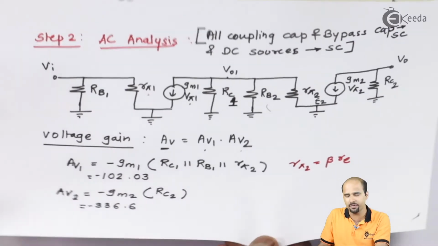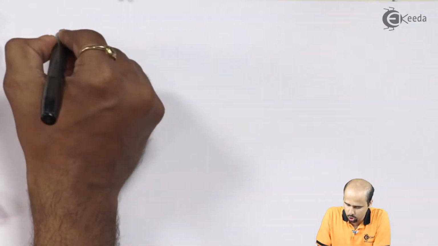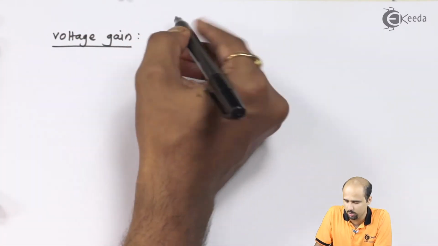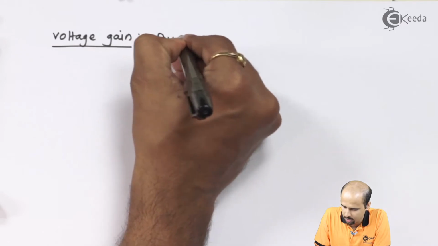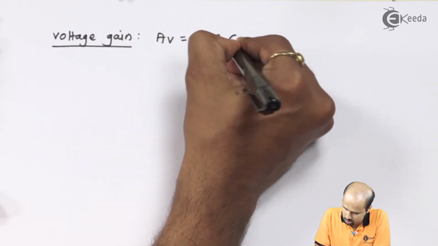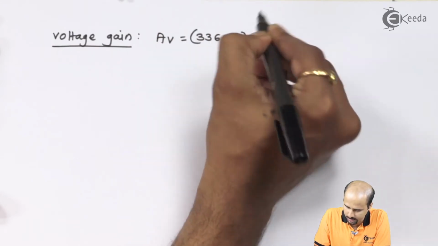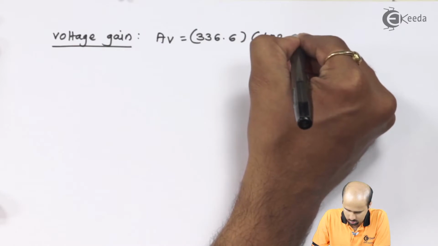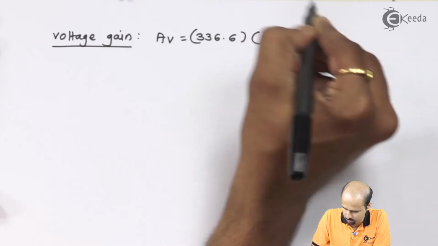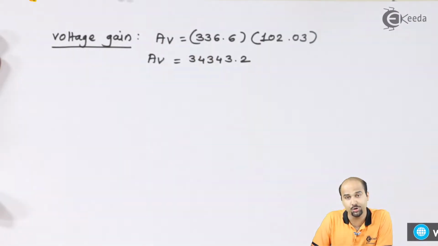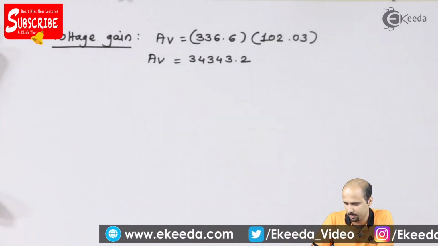You will get the mid frequency voltage gain. So AV is equal to 336.6 multiplied by 102.03. Just calculate these values. This is a huge amount of voltage gain that we will be getting.